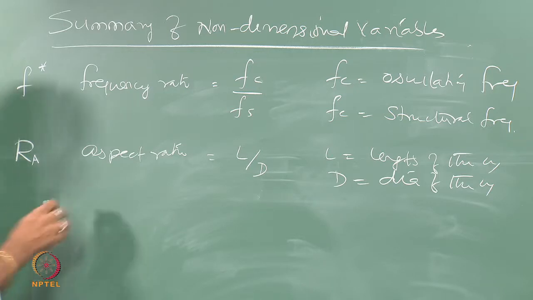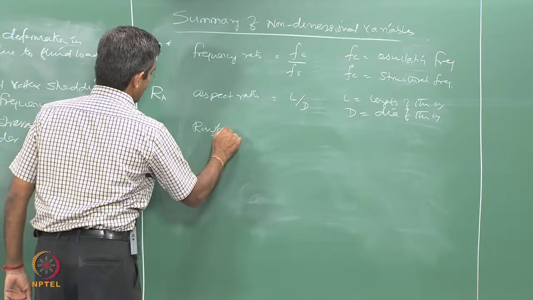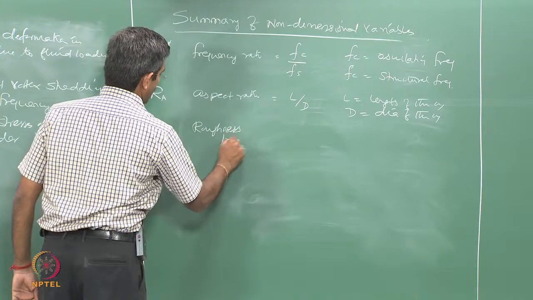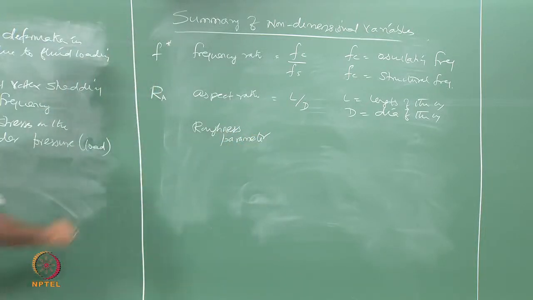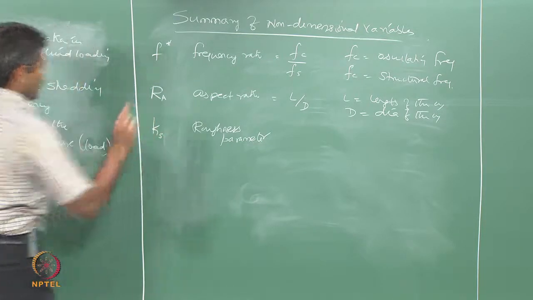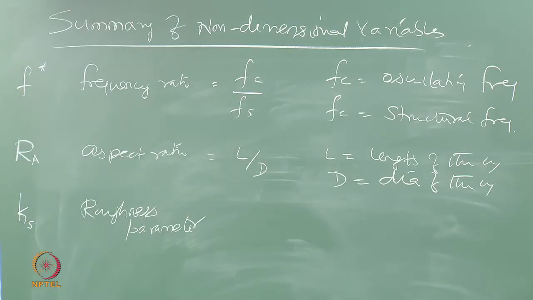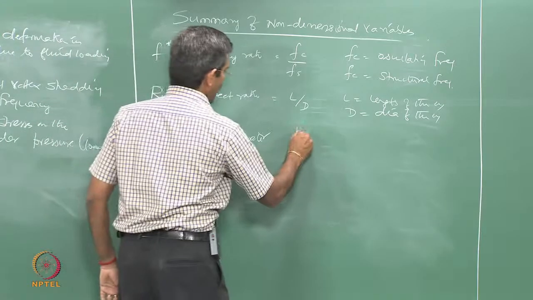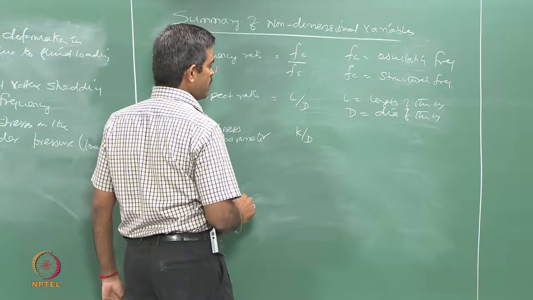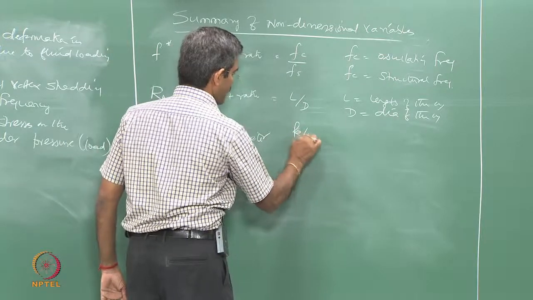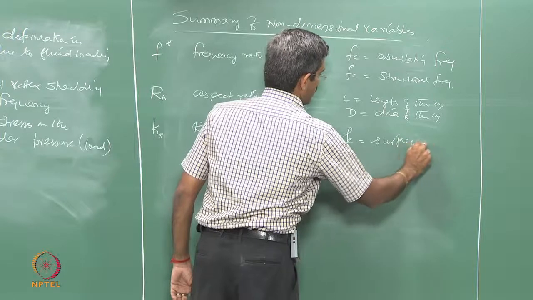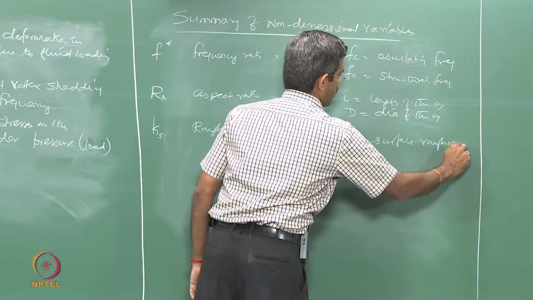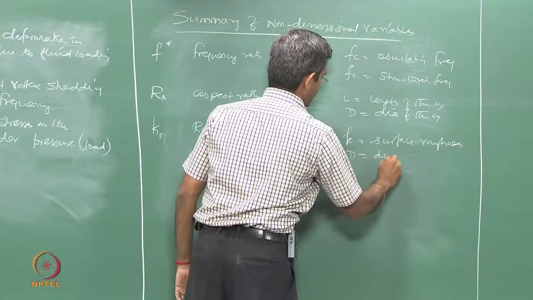The other one is roughness parameter, which is given as Ks, is given by k by D, I think is small k, where small k is called surface roughness, and of course D is the diameter.